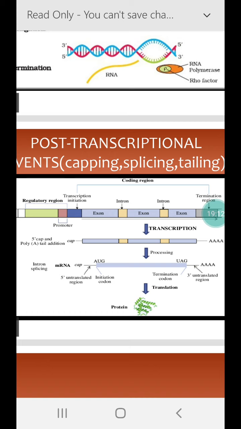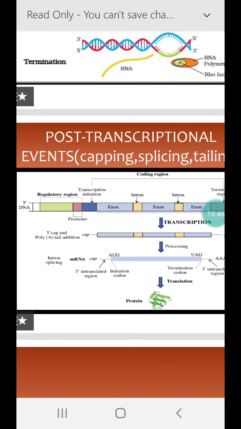Capping is the addition of an unusual nucleotide, methyl guanine triphosphate, at the 5' end of RNA. The removal of introns from RNA is called splicing. Addition of adenylate residues at the 3' end is called tailing.